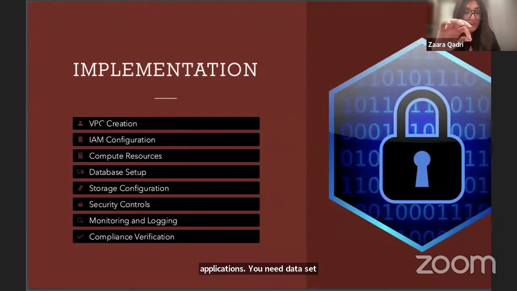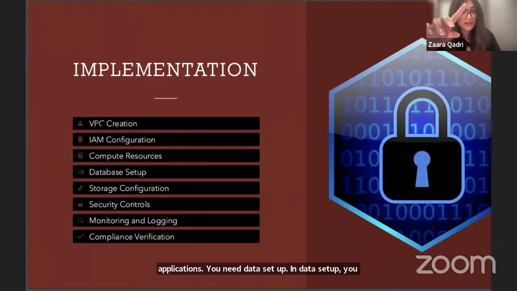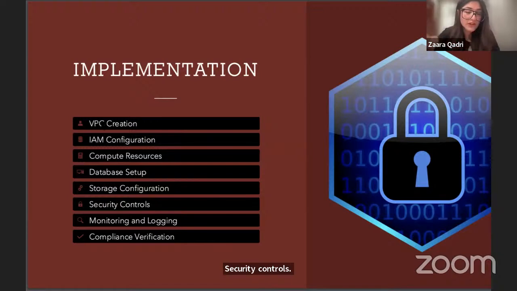In data setup, you create RDS instances for the database, and that helps you enable encryption and configure backups as well. Storage configuration: you use S3 buckets for storing the logs, backups, static content. Security controls: you can configure WAF, GuardDuty, security groups, the NACLs. These are the defenses.